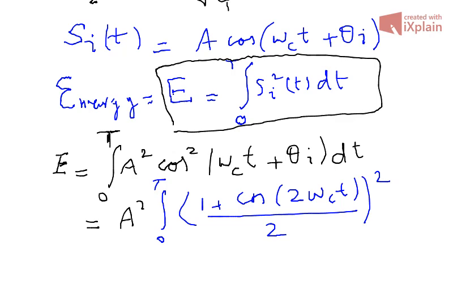Not square, 1 plus cos 2 omega ct over 2.